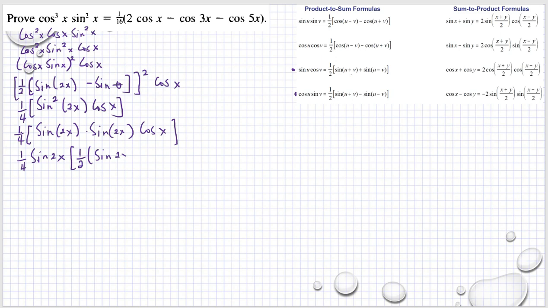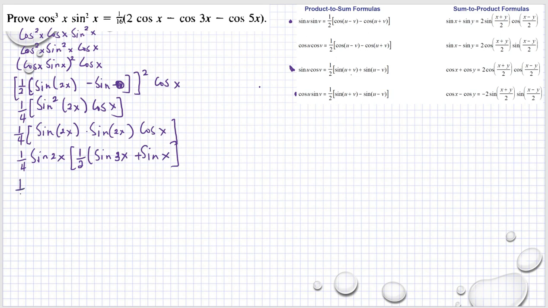No, 3x, plus sine 2x minus x, that is x.